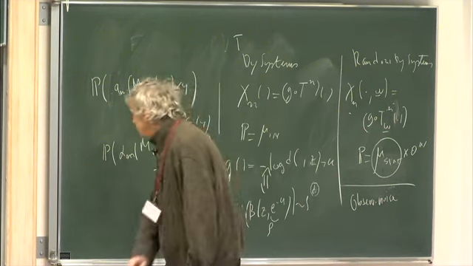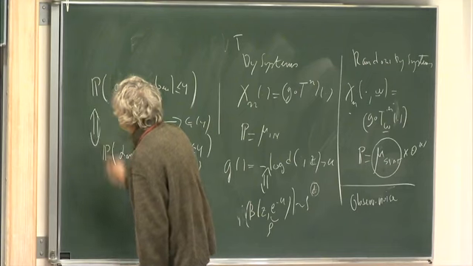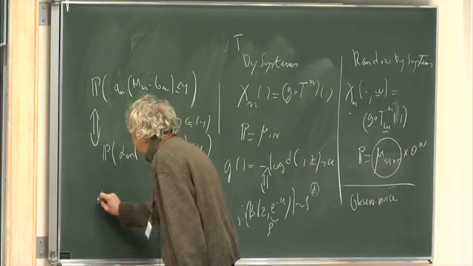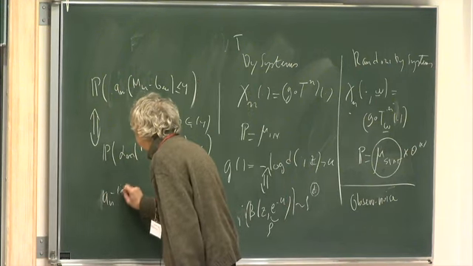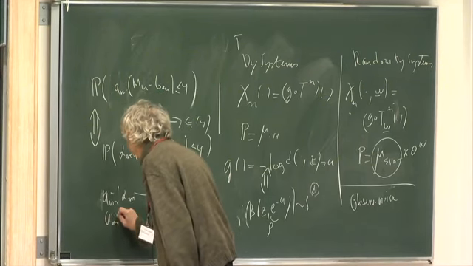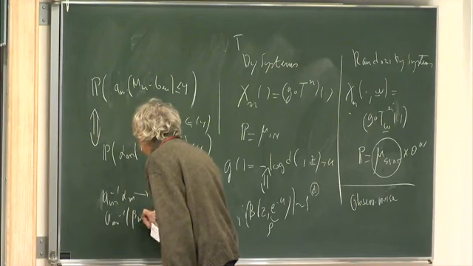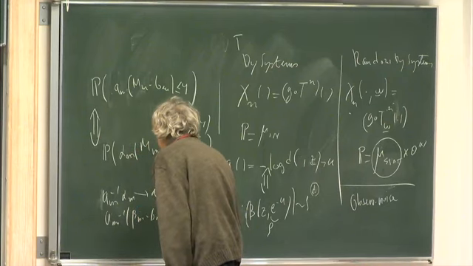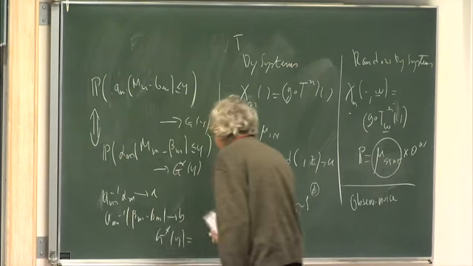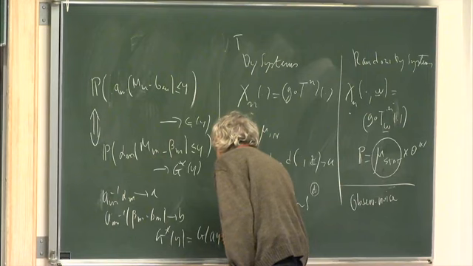Then this is true if and only if you have some relation between them, namely a_n^{-1} alpha_n goes to some a, and a_n^{-1}(beta_n minus b_n) goes to some b, and G star of y is equal to G of (a y minus b).